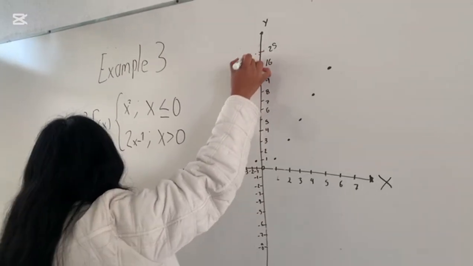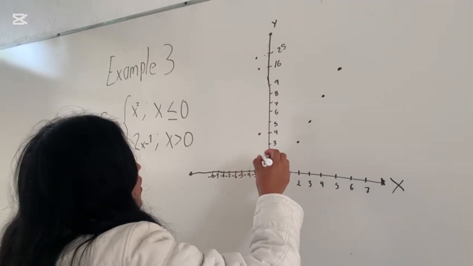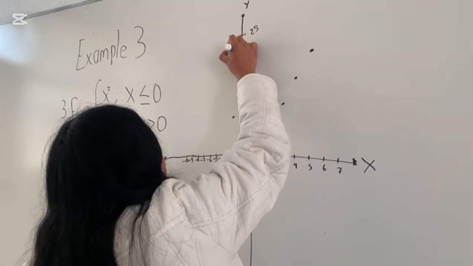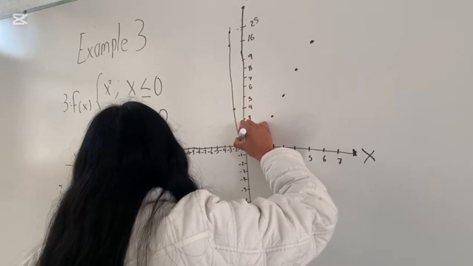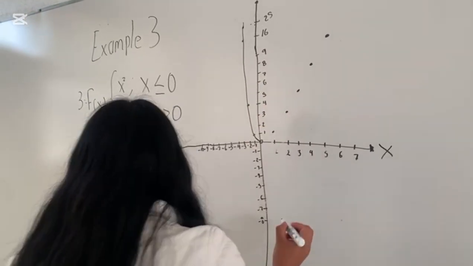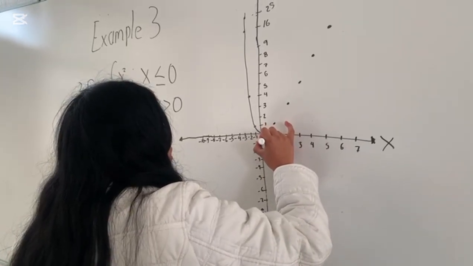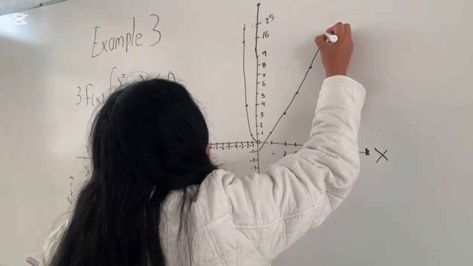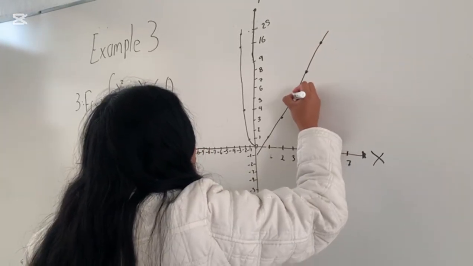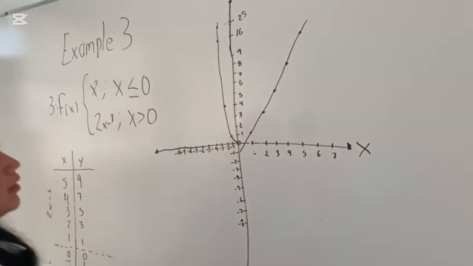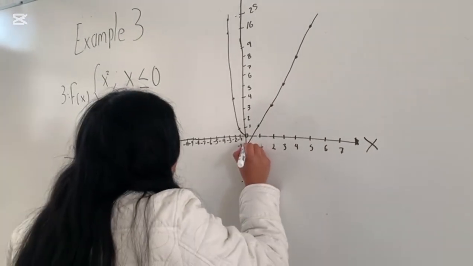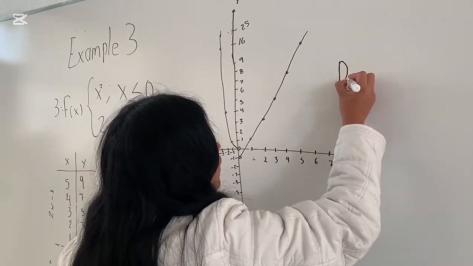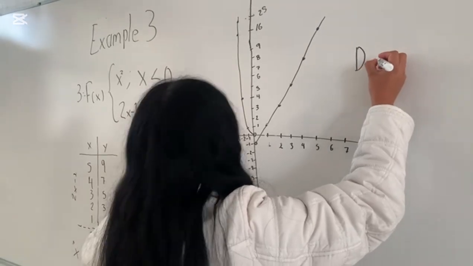So as points, the form 2x - 1 gives us (5, 9), (4, 7), (3, 5), (2, 3), (1, 1). And the points of x cubed gave us (0, 0), (-1, -1), (-2, -8), (-3, -27), (-4, -64), (-5, -125).